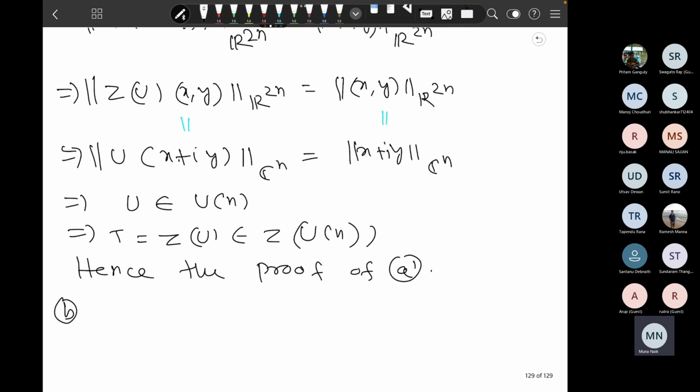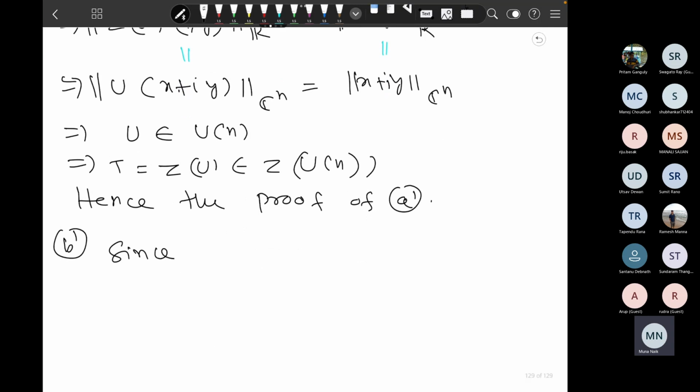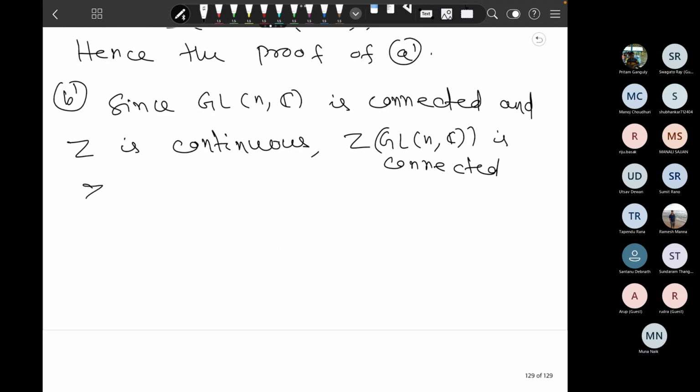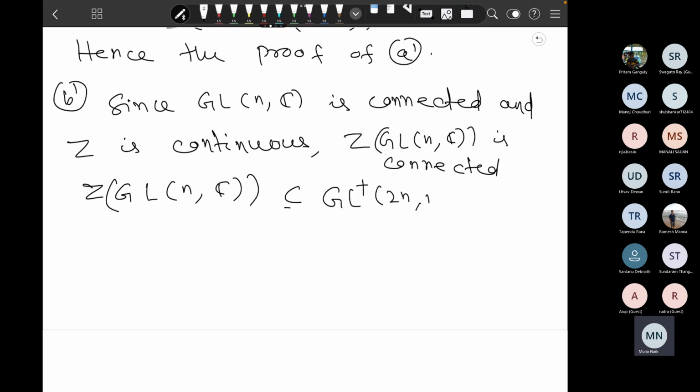Now B prime. Since GL(n, C) is connected and Z is continuous, Z of GL(n, C) is connected. So Z of GL(n, C) will lie inside something like GL plus (2n, R), because it is connected. It would lie inside a connected component.